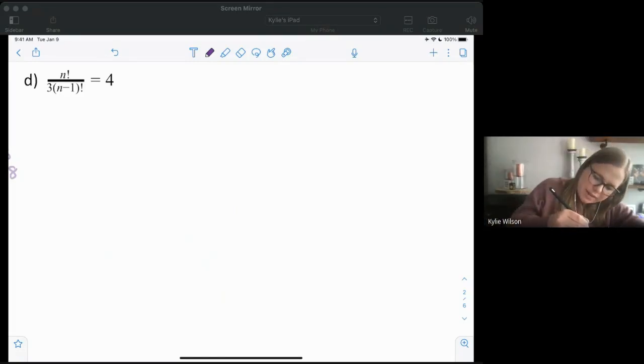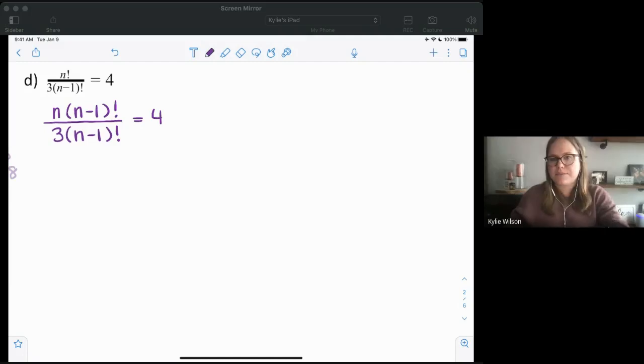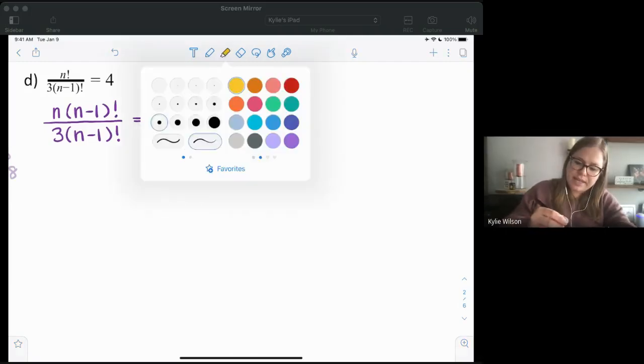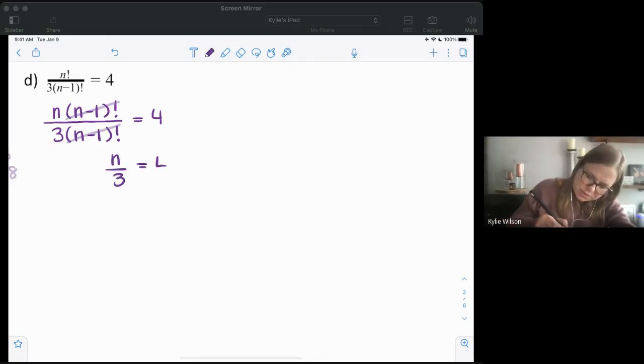We'll have n times n minus 1 factorial all over 3n minus 1 factorial, and that is still equal to 4. Now we want to cancel our n minus 1s, and now we have n divided by 3 is equal to 4.